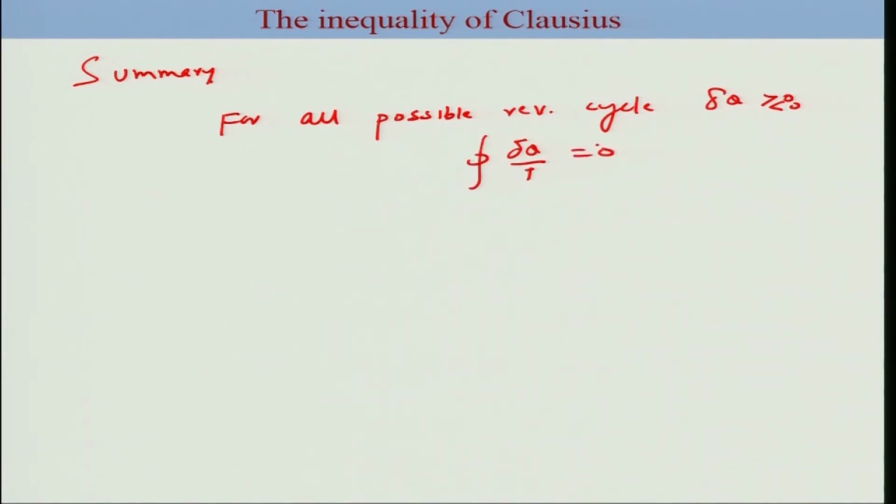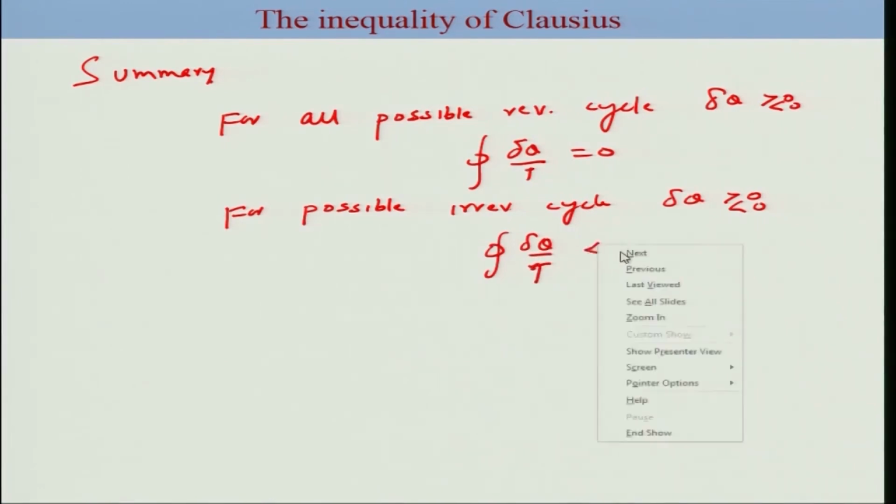So this is for all possible reversible cycle, and for all possible irreversible cycle, again including the heat engine and as well as refrigerator, where you have considered different sign of delta Q, okay, your del Q by T is going to be less than 0.